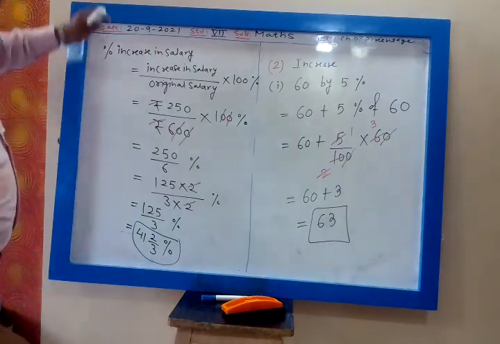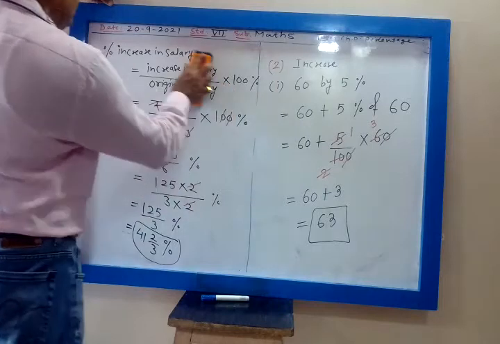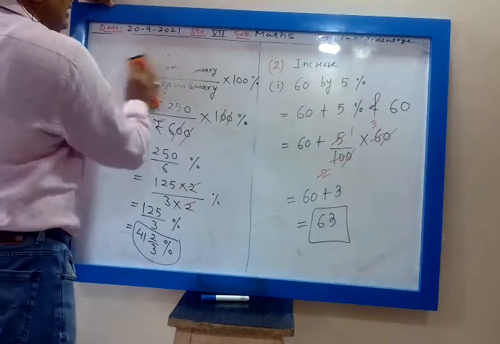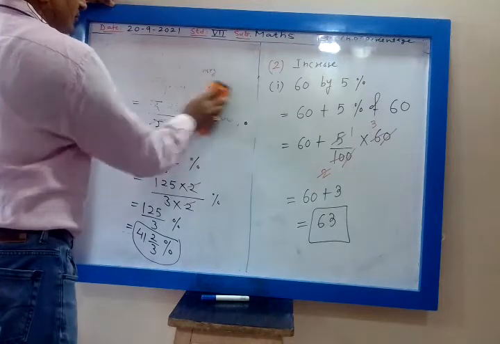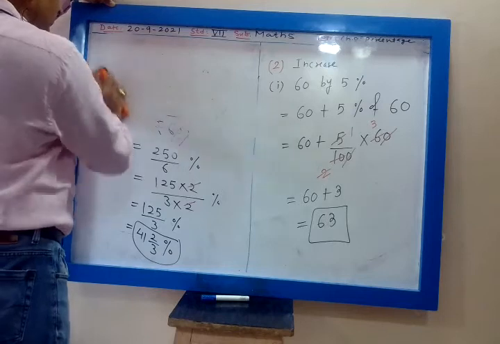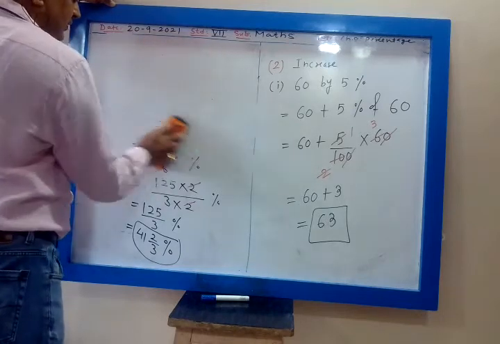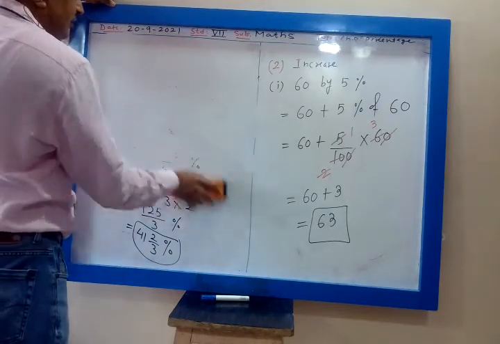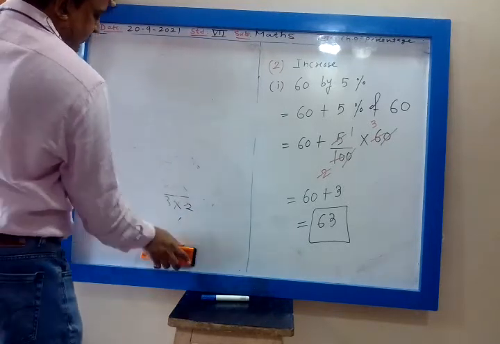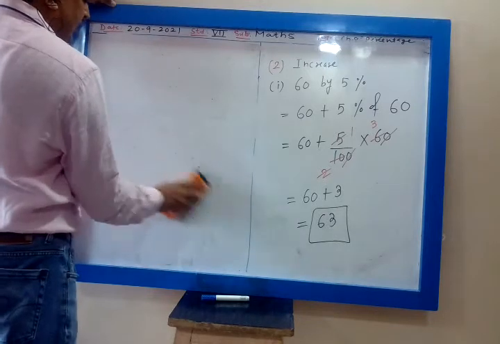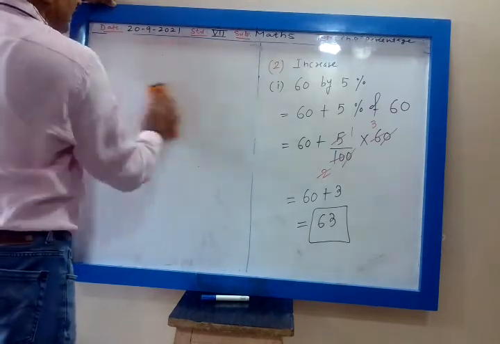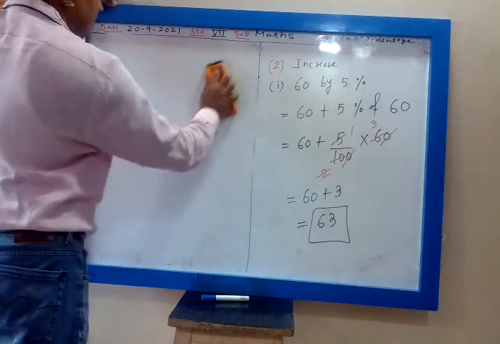Then increase 20 by 15%. What will that be, tell me, my dear? Increase 20 by 15%. 20 plus 15% of 20. You have to increase 20 by 15%.